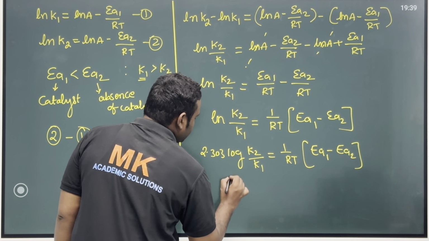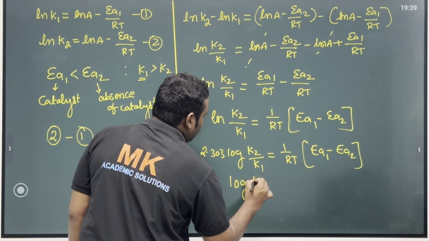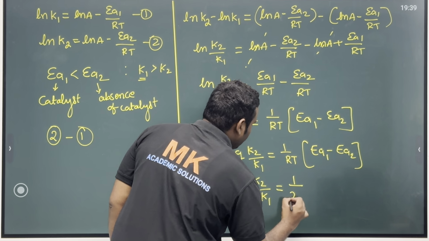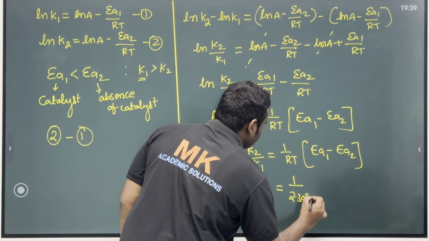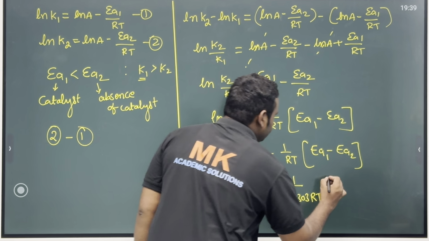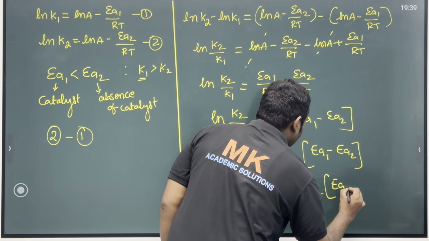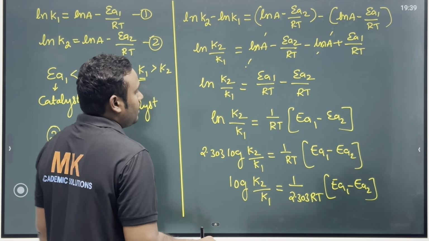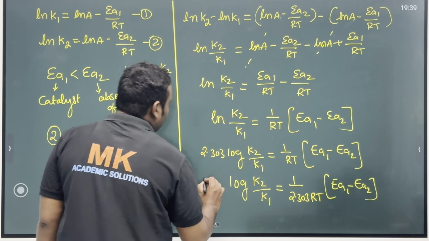Or else log K2 by K1 is equal to 1 by 2.303 RT, EA1 minus EA2. Okay, so these are the equation derivations.